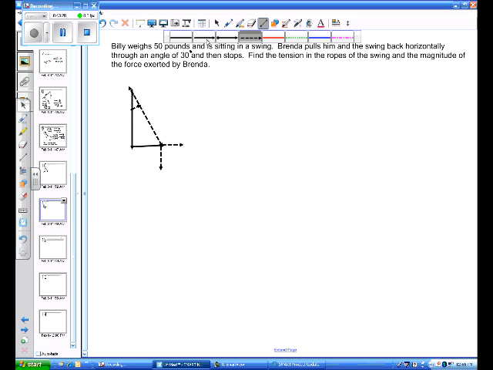So let's see how we would draw this so that it would make a little bit more sense to us of what we're doing. Okay, we know that his weight is always going perpendicular to the ground. So we've got his weight holding him down.